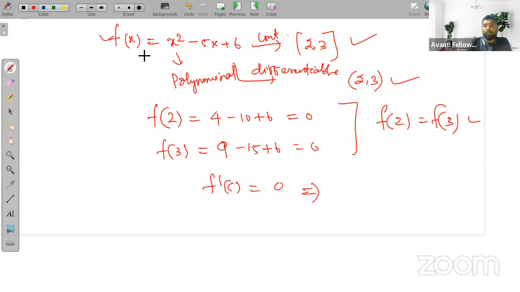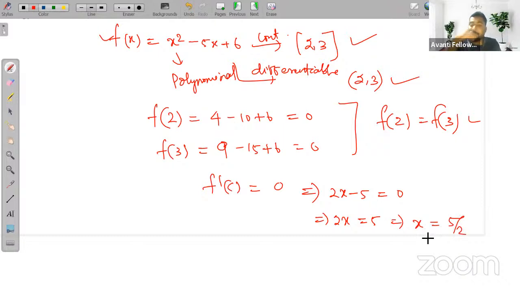That means the first derivative of the given function, 2x minus 5, is equal to 0. So 2x is equal to 5, and x is 5 by 2. So what is the answer?